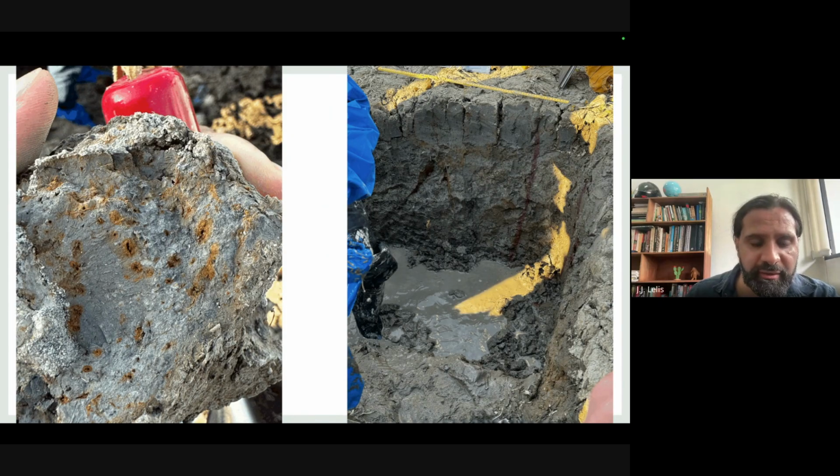We can see the gleyic properties because of this grayish color and some oxic features only around the voids, like a coating of iron, because we have some oxygen in these voids. But in the soil, we have the dominance of reducing conditions as gleyic properties.